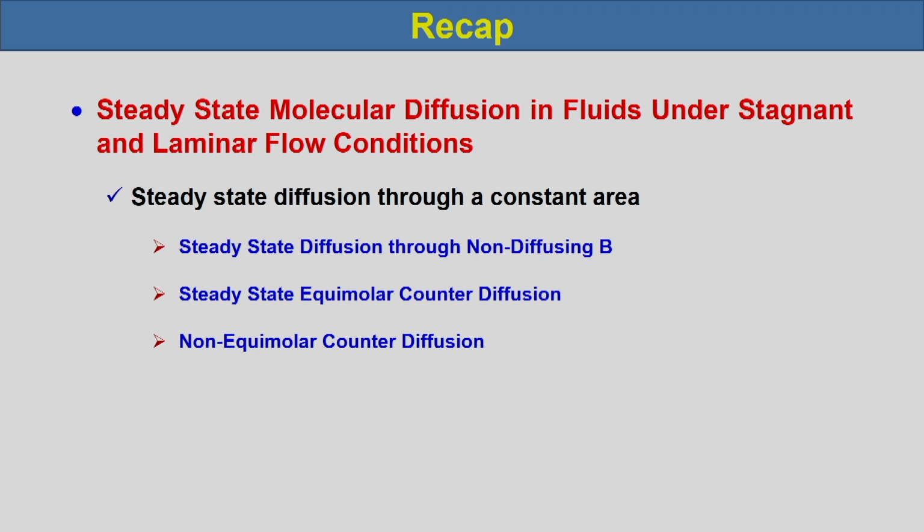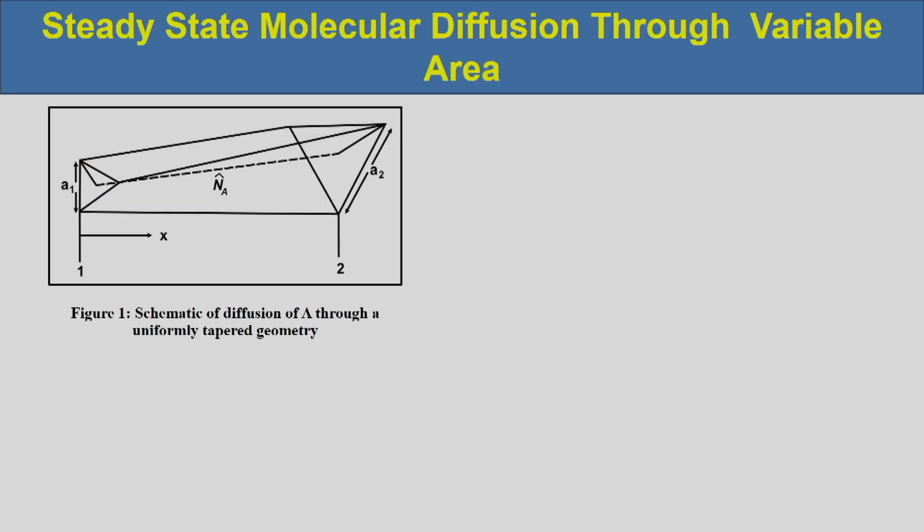In this lecture, we will consider steady state diffusion through a variable area. The left hand side of this figure shows the schematic of diffusion of A through a uniformly tapered geometry.